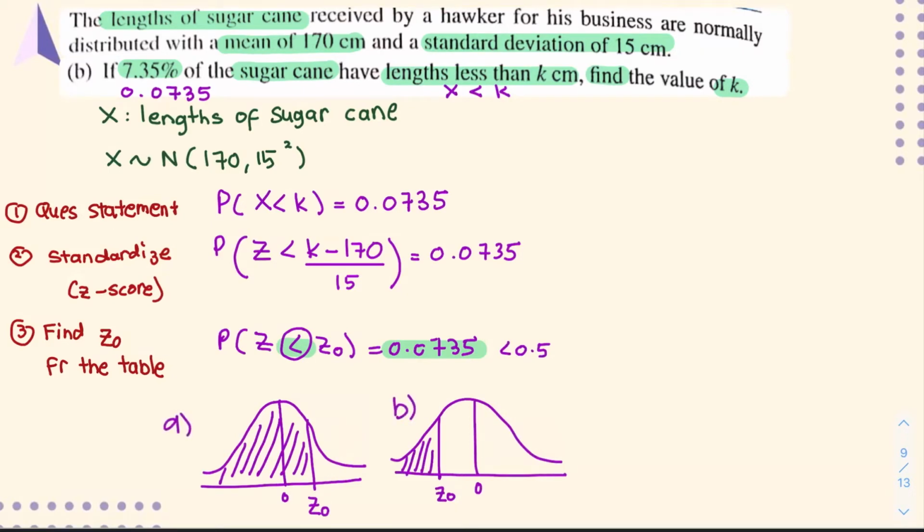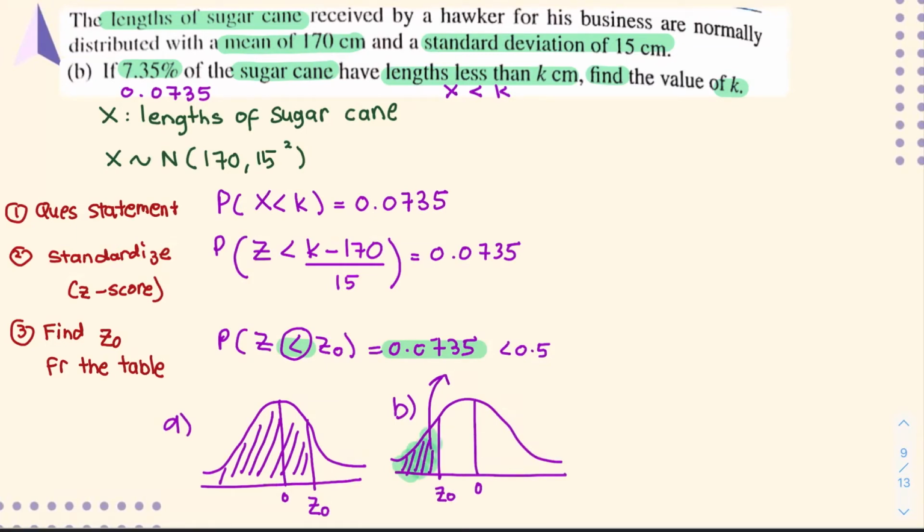I name them part A and part B. Now, if you have the probability of 0.0735, which is less than 0.5, which region is logical, whether it is A or B? For sure it's going to be B, because this one has a much smaller region than 0.5.